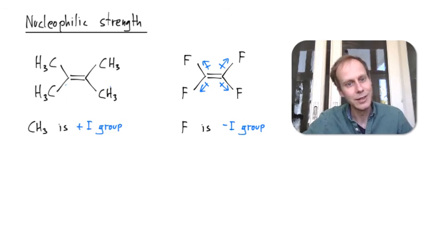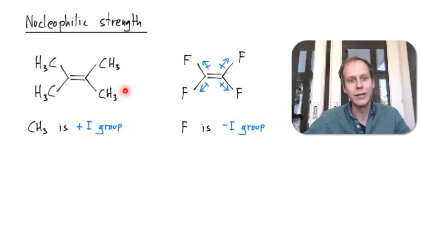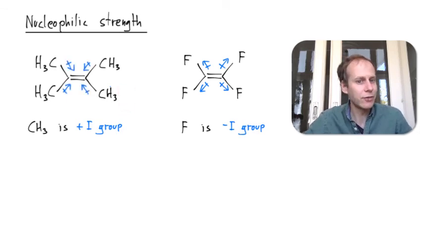On the other hand, the methyl groups here are less electronegative, they are +I groups. So what they do is they actually donate additional electron density to the double bond region here.